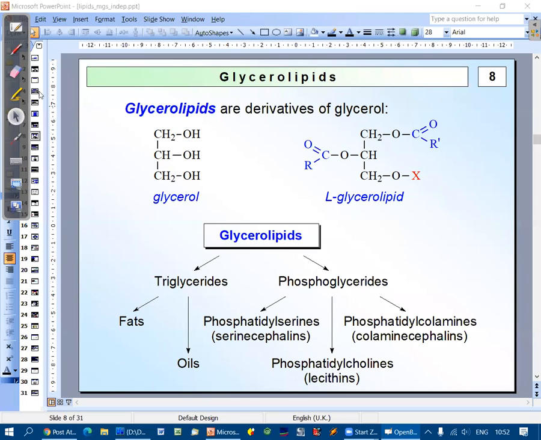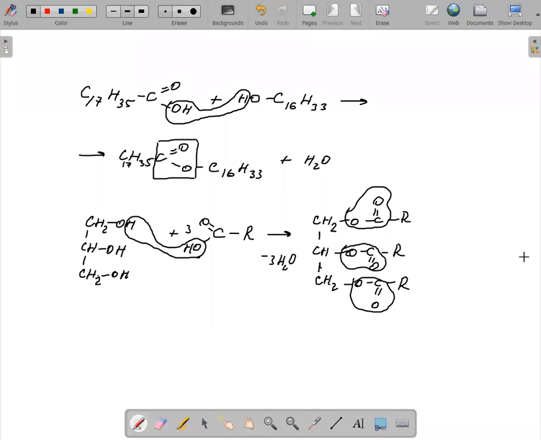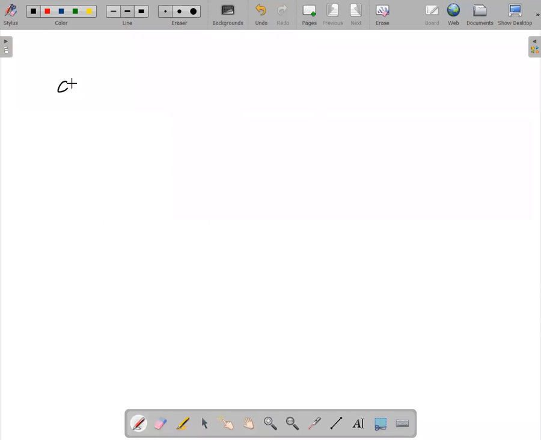Just the scheme of formation. So it was triglyceride. Let's take glycerol again.